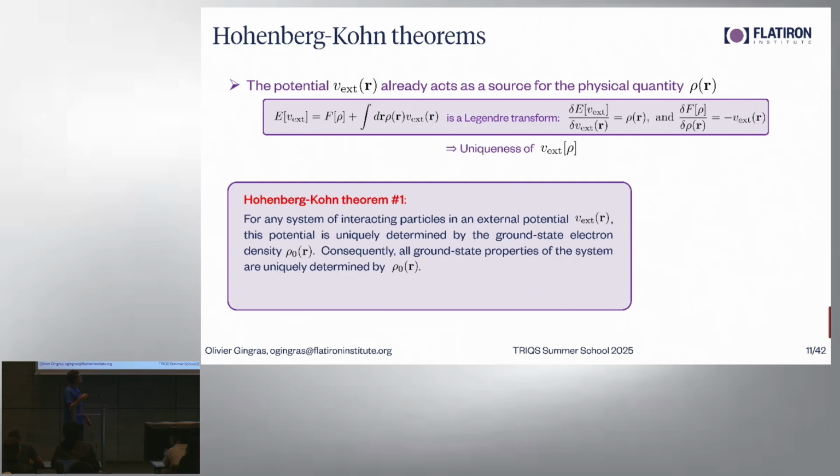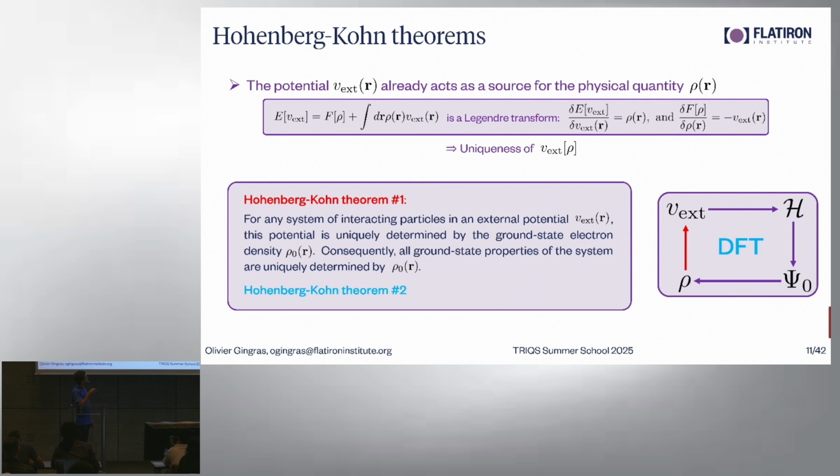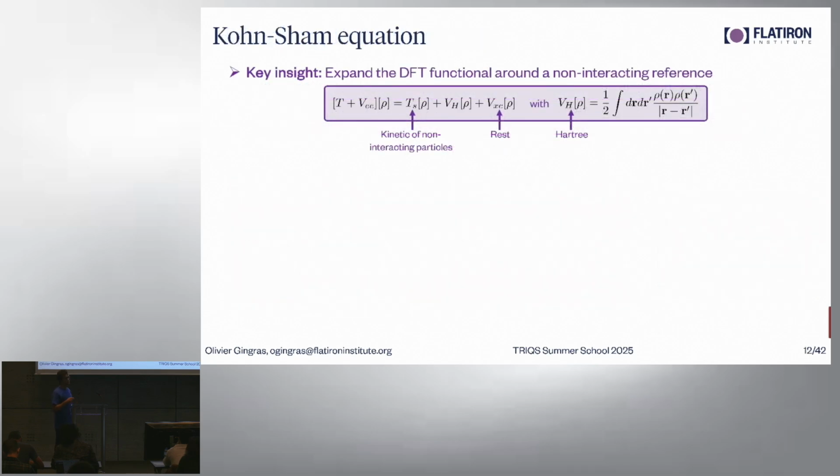And because everything is interconnected like this, essentially because the density gives you a new Hamiltonian, all the properties of your system are given by this ground state density. Okay? Last piece, so Hohenberg-Kohn theorems, you can prove them fairly easily just by involving a Legendre transformation with a source term.